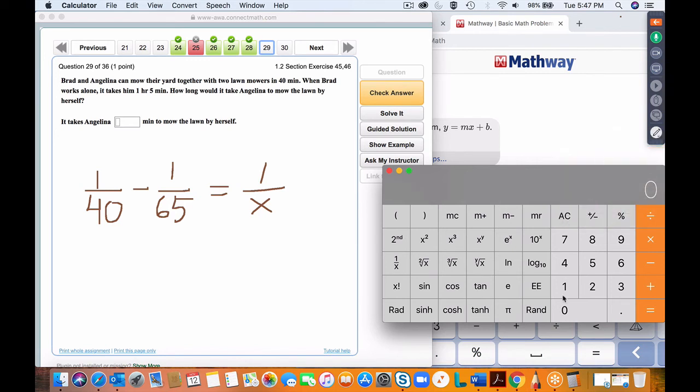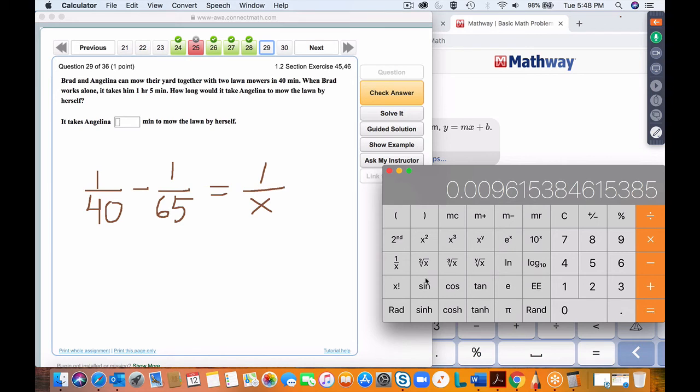So we have, let's put right here, open parentheses, 1 divided by 40, close parenthesis, minus, open parenthesis, 1 divided by 65, close parenthesis, equal.